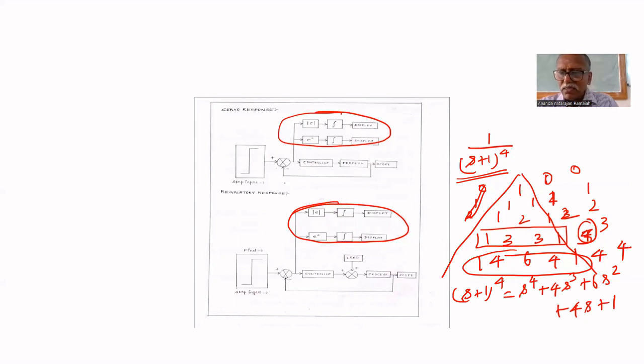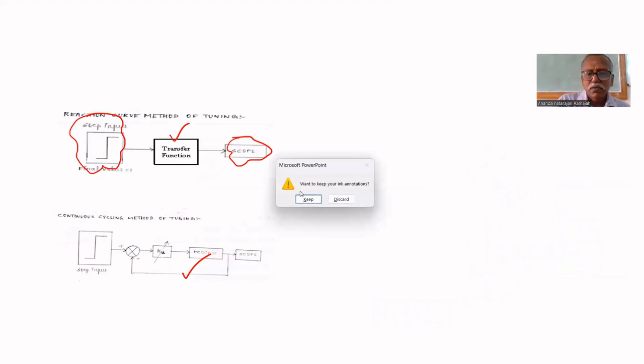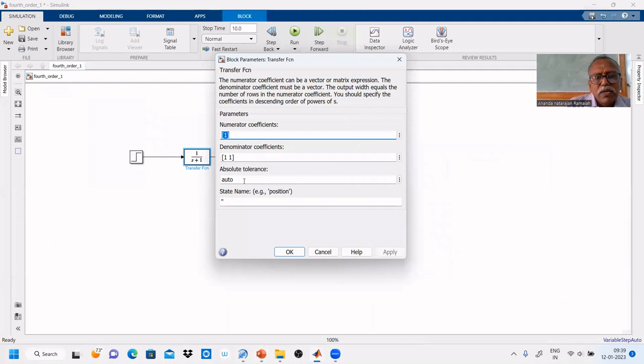So now we can enter this, 1 4 6 4 1. We have to enter the denominator coefficients. The numerator coefficient is only one, already it is there here. Now 1, 4, 6, 4, 1 with a space between them: s power 4, 4s cube plus 6s square plus 4s plus 1. 5 coefficients.